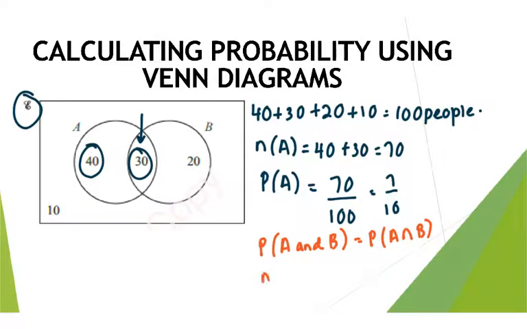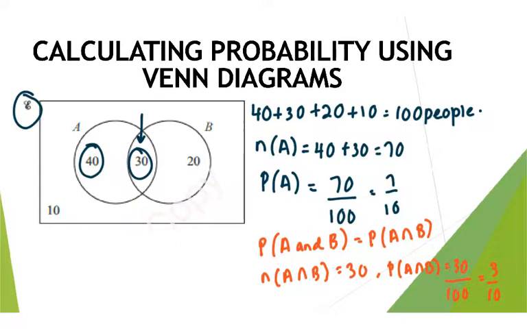The number of elements in A intersection B is 30. In probability form, it will be 30 out of the total sample space, which is 100, and you can simplify it to 3 out of 10.